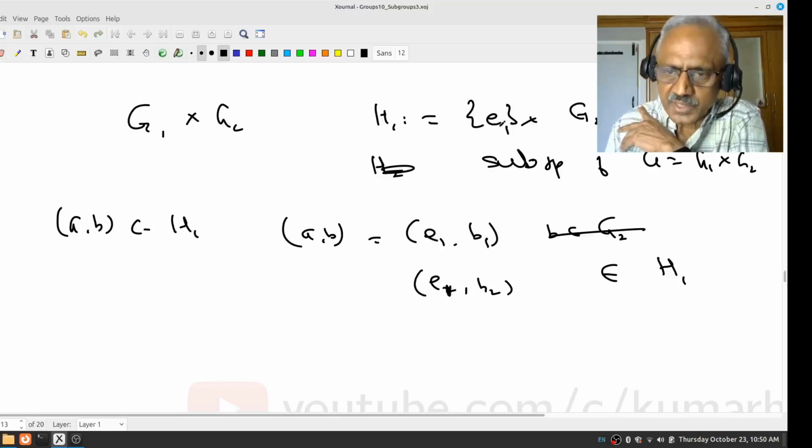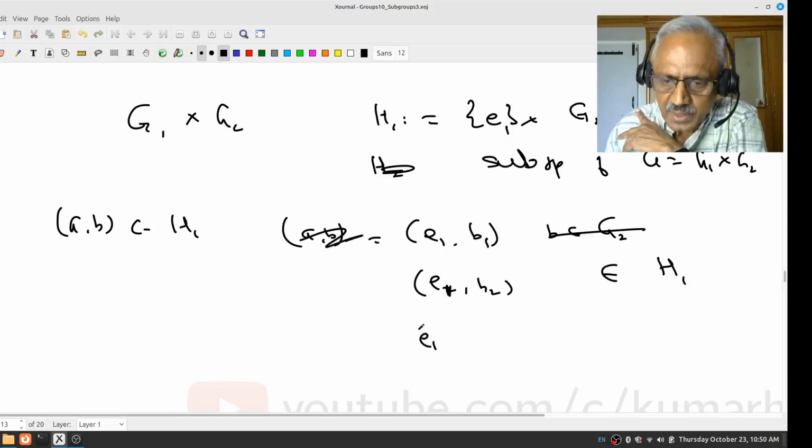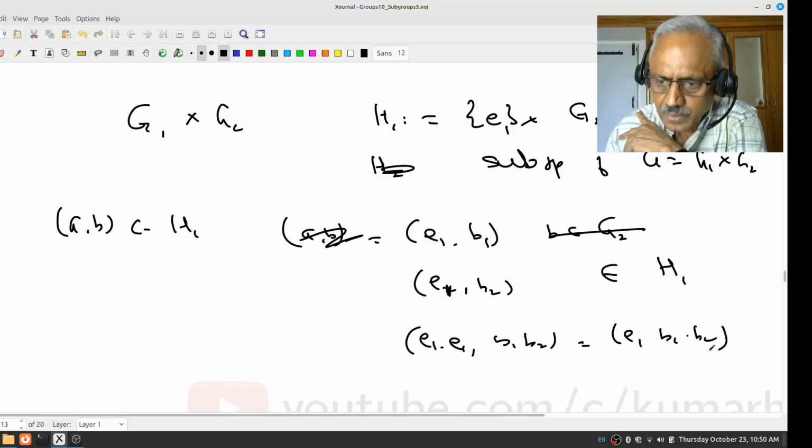Any first coordinate is always e1, and the second coordinate could be any arbitrary element. What is their product? The product is (e1·e1, b1·b2), which is (e1, b1·b2). So this is an element of H1.